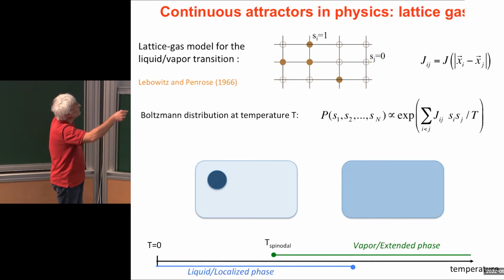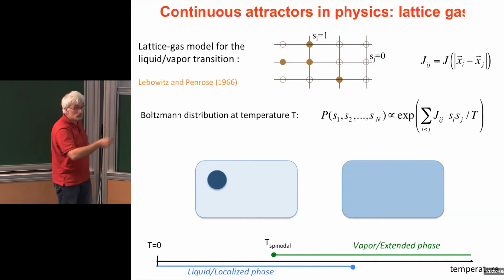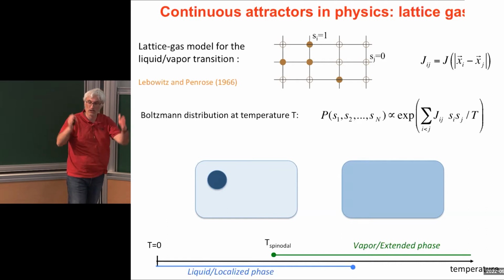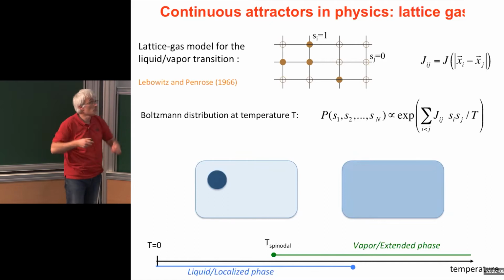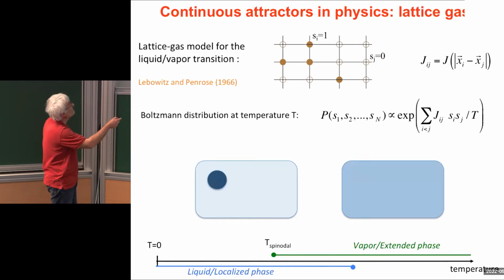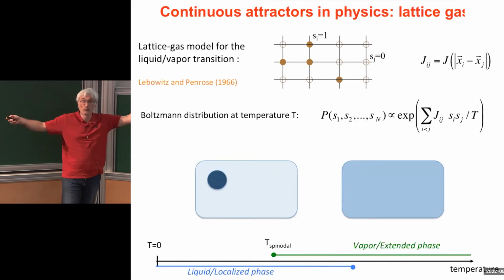And you have some kind of Lennard-Jones interaction potential. First of all, you have very short range, very strong repulsion, so you can put at most 1 particle on each site. If they are next to each other, then this is the bottom of the well of a Lennard-Jones potential, so this is attractive. So you get a positive interaction Gij between the 2 neighboring sites. And if they are far away from each other, no interaction at all. And the magnetic field here is just a chemical potential which is controlling the total number of particles on your lattice, right?